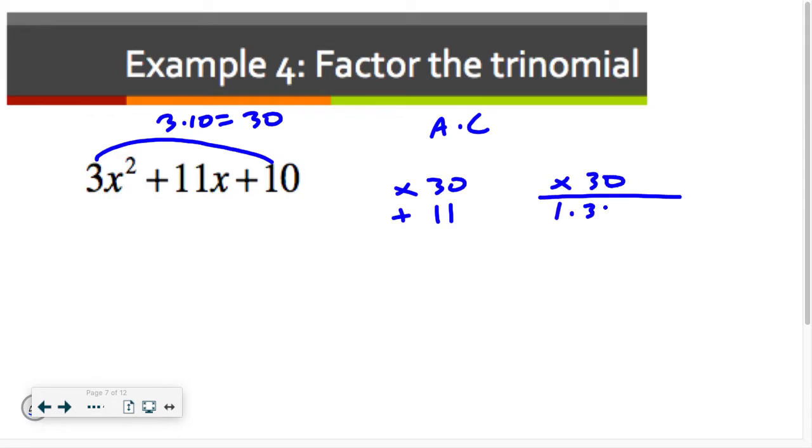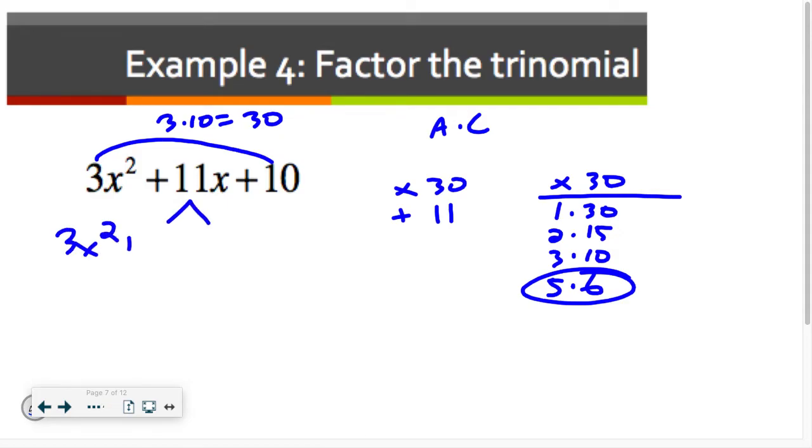So I got 1 times 30, 2 times 15, 3 times 10, 4 does not, 5 times 6. Wow, 5 times 6, there it is, 5 and 6. Okay, so like we just said, we're going to take 11x and split that up. So 3x squared plus 5x plus 6x plus 10.